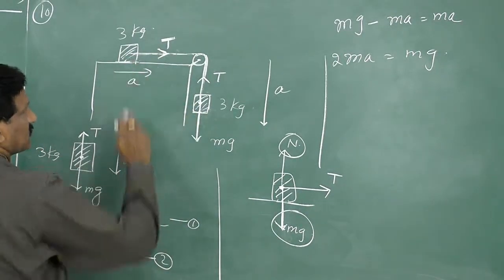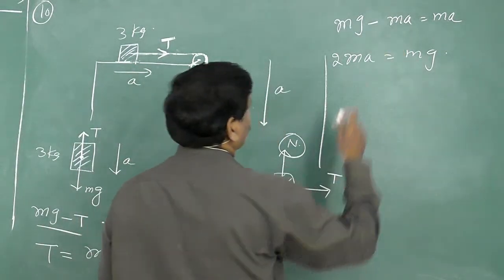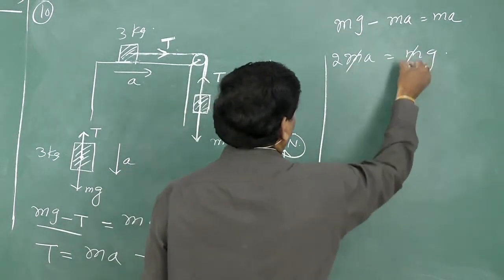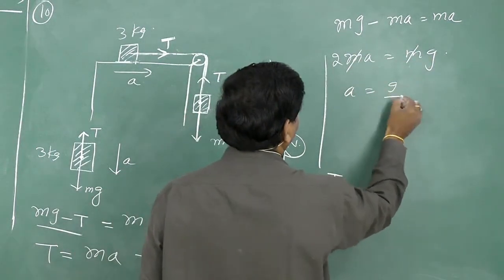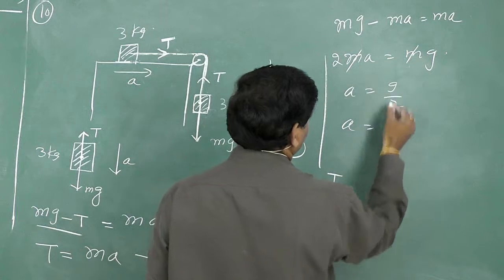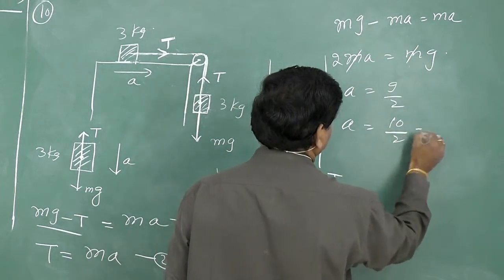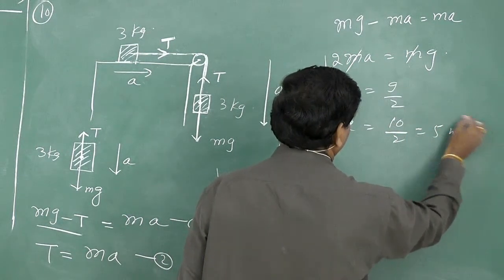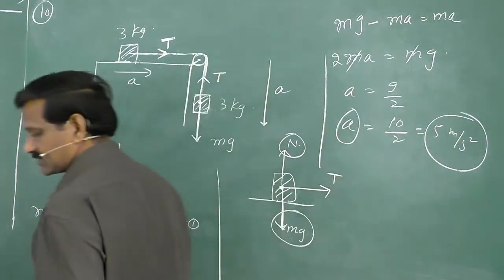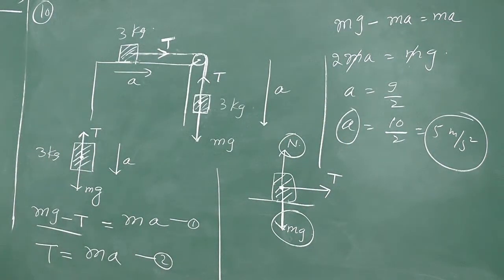Here 3 kg, 3 kg. That's why we wrote it like this. Cancel. Then a is equal to g by 2. g is 10, so 10 by 2, which is 5 meters per second squared. So this is the acceleration of the system, that is, the acceleration of the blocks.